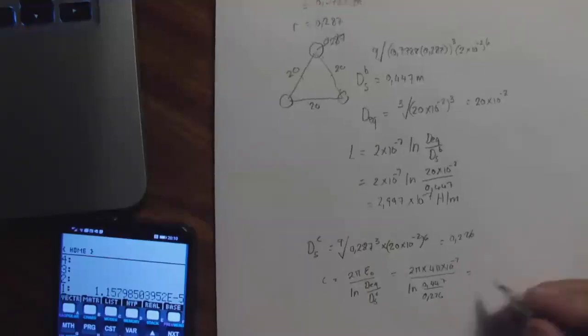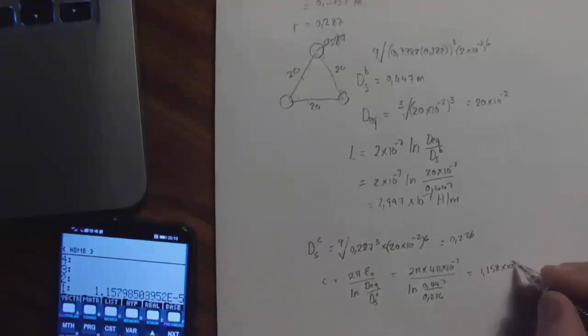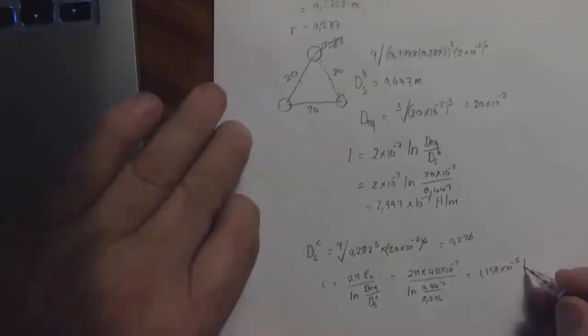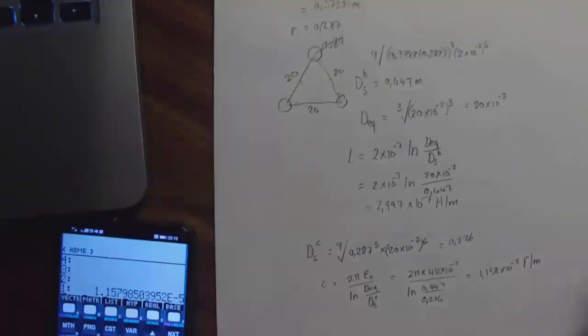So that gives us 1.158 times 10 to the minus 11 farads per meter.